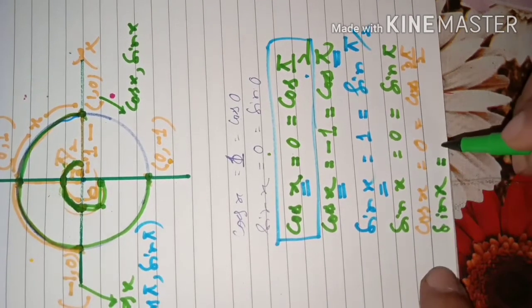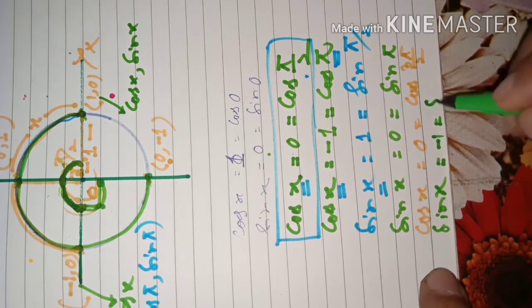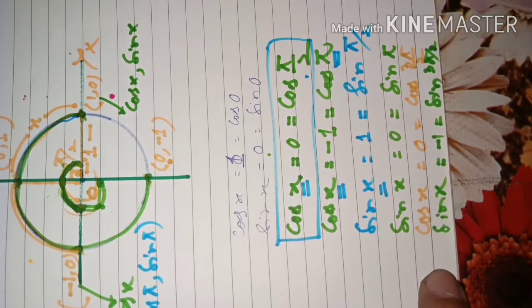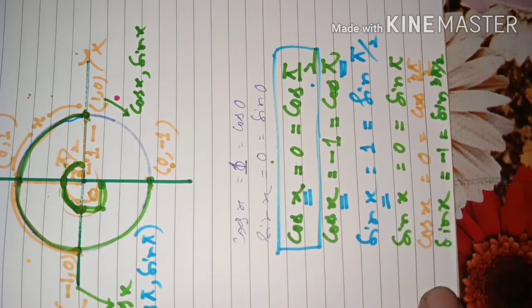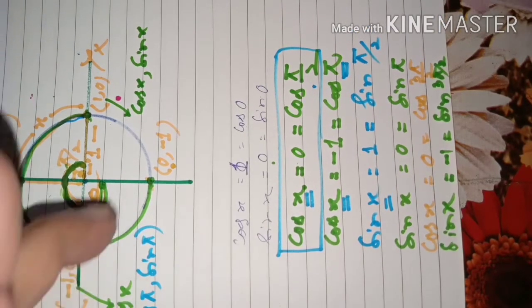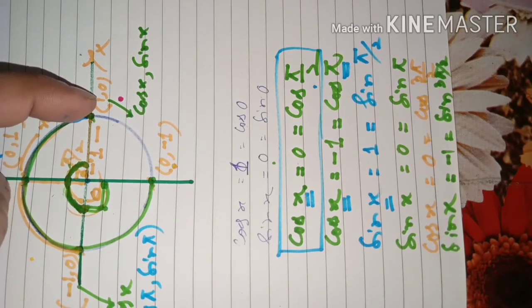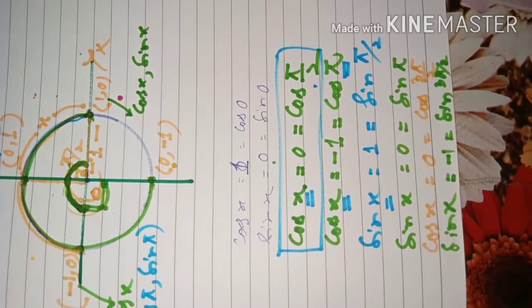Sin x is minus 1, and that x is standing for 3 pi by 2. So for 3 pi by 2 again it is 0 and minus 1. Here cos is 1, here cos is minus 1, here sine is 1, here sine is minus 1.